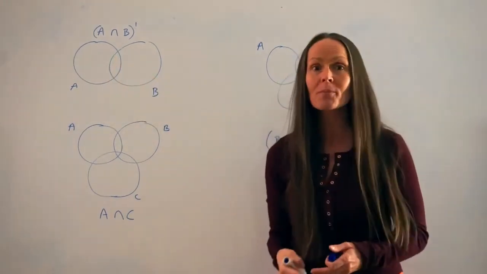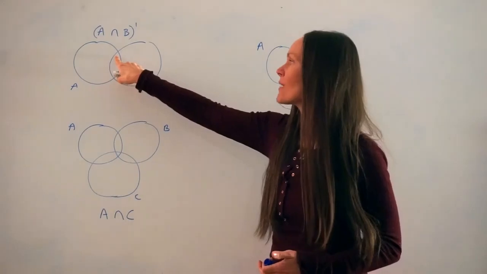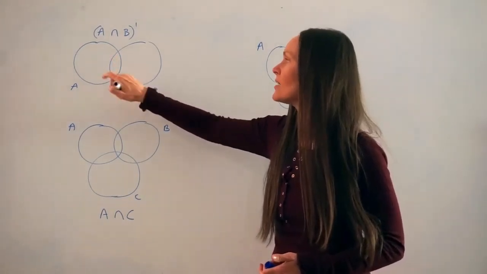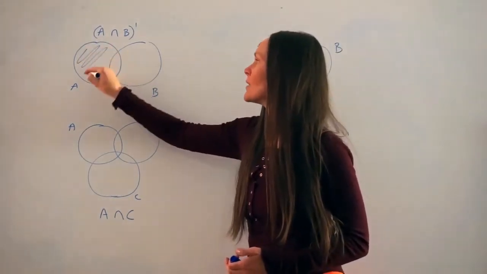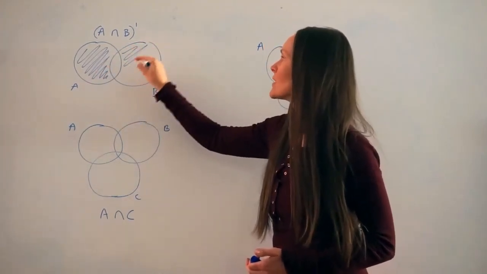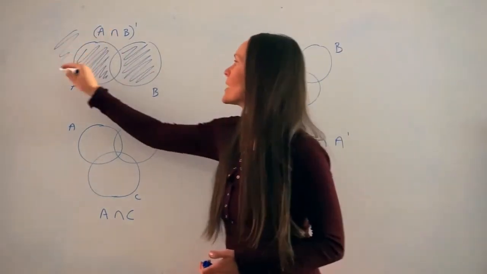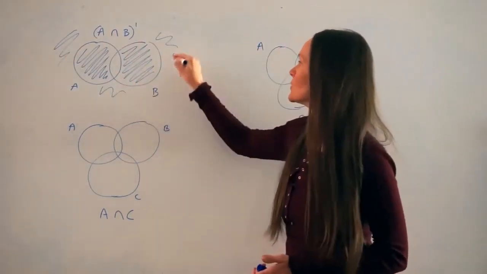But remember, the complement is everything outside of that. So if you're shading everything outside the overlapping part, you would shade everything in circle A up to but not including the overlap, everything in circle B up to and not including the overlap, and then everything outside the two circles.